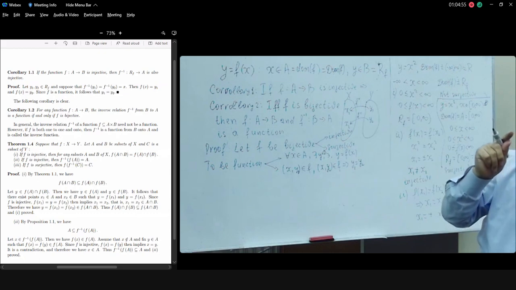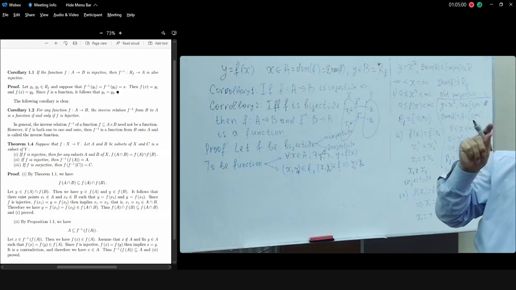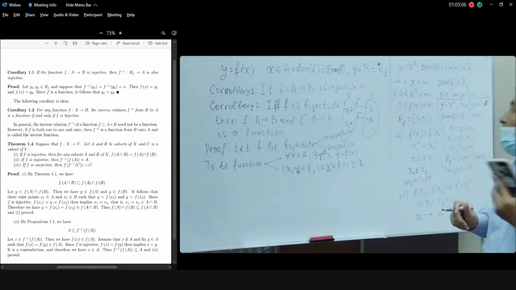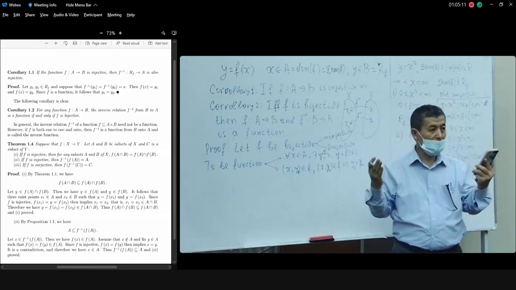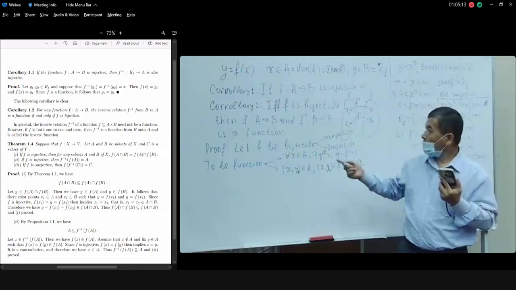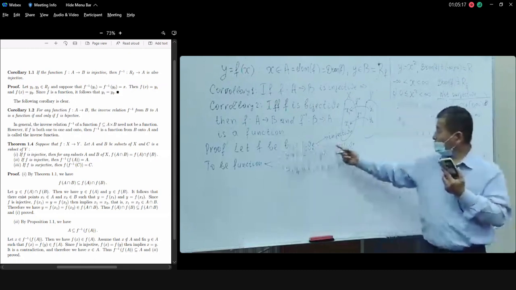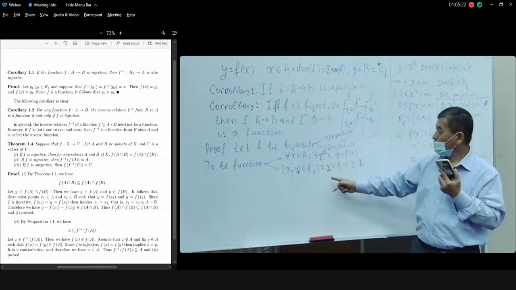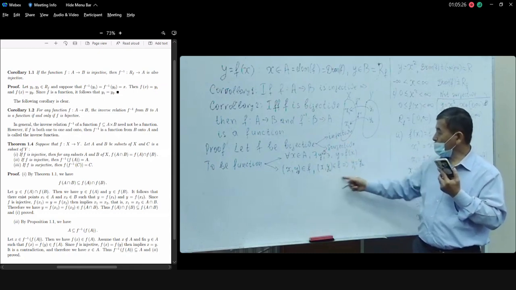However, if f is both one-to-one and onto, then f minus 1 is a function from B to A and is called the inverse function. Actually, the proof is not proper, just a general statement. In order to prove properly, if it is bijective, we should show that function f satisfies this.